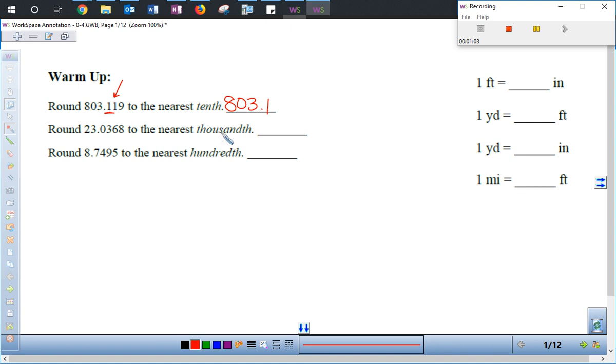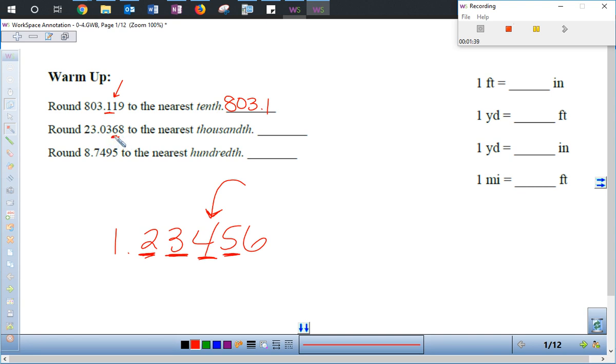The next one says round 23.0368 to the nearest thousandth. If I have a number like 1.23456, the first number after the decimal is the nearest tenth. Then we have hundredth, thousandth, 10,000th, etc. So, to round to the nearest thousandth, that is going to be the third number after the decimal place, so in this case, 0.036.